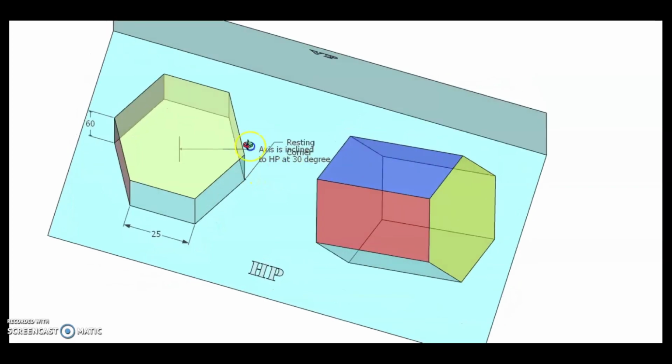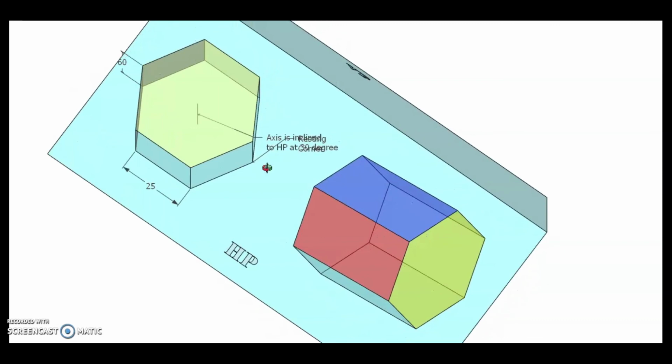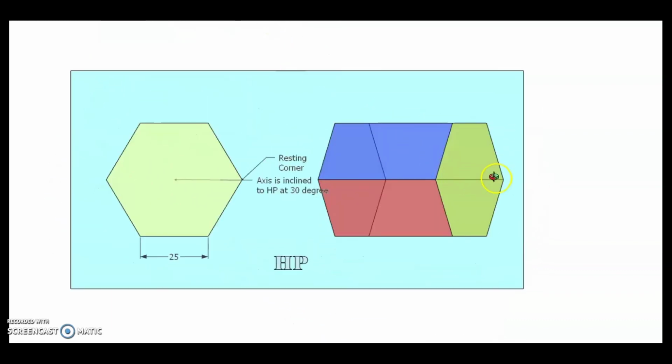Now for dotted lines or hidden lines, these two base edges are not visible, as well as some part of this rectangular face edge is also not visible, which we have to show by a dotted line.